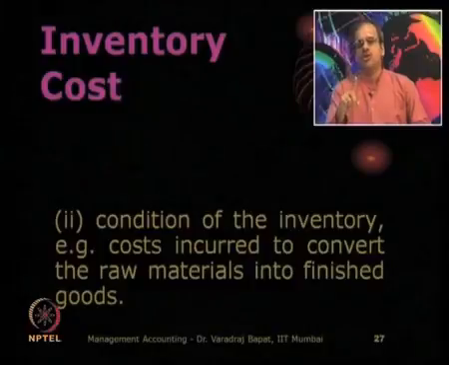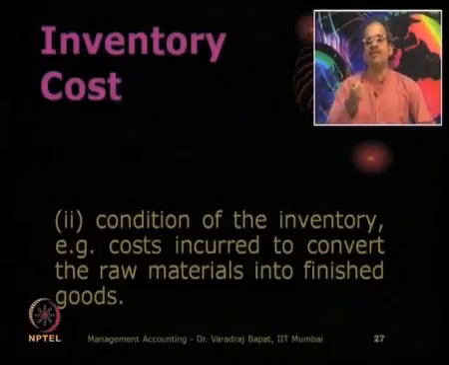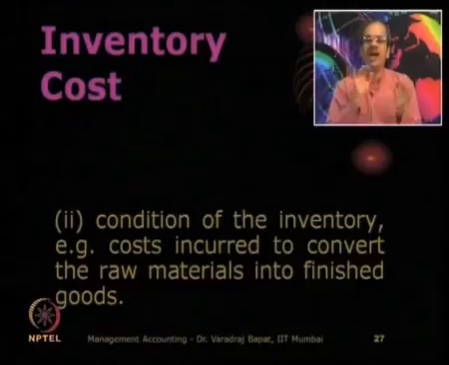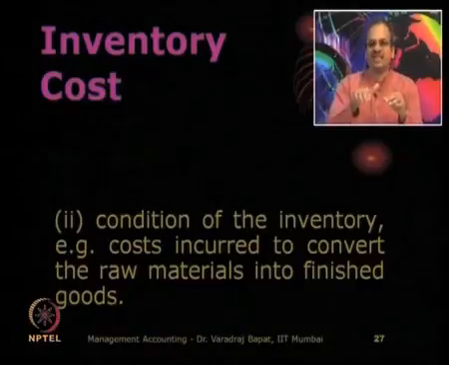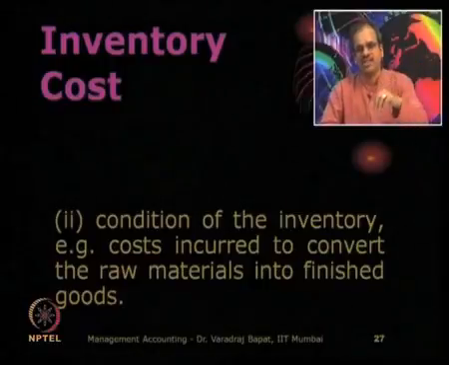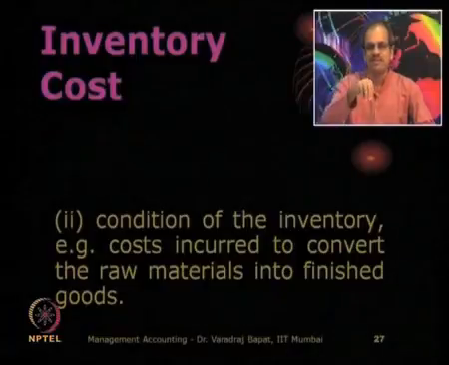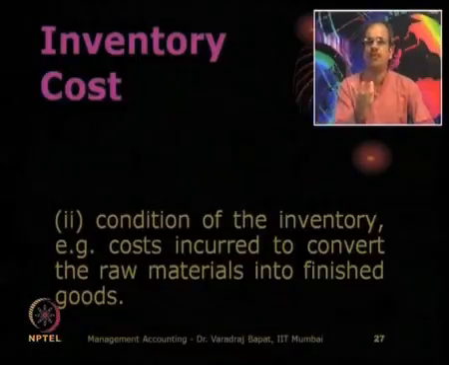It will also include those costs which are incurred to change the condition of inventory. For example, if I have purchased raw material and I process it, I incur labor, I incur the cost of electricity, I incur the cost of various items which I may add or the packing which I provide.